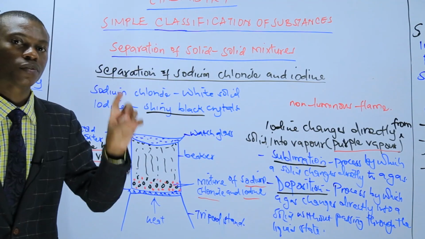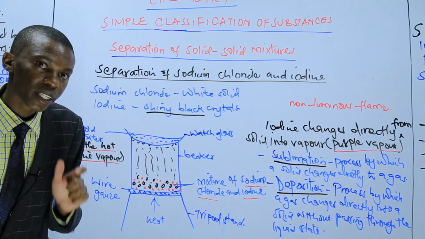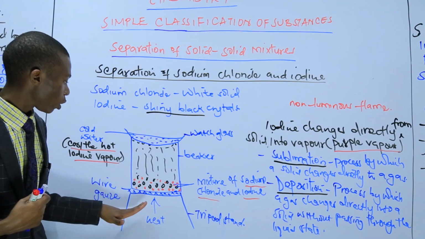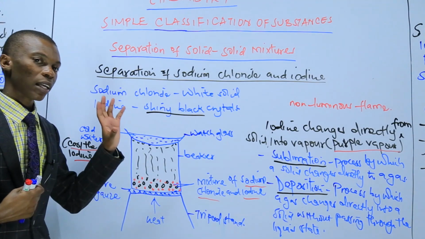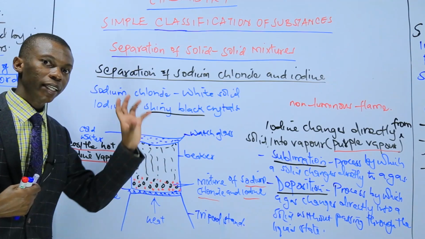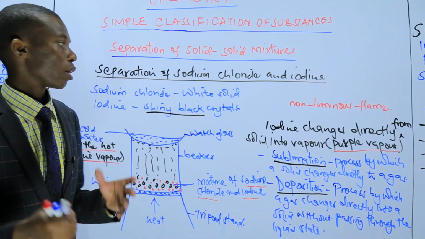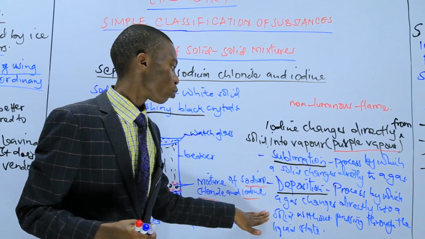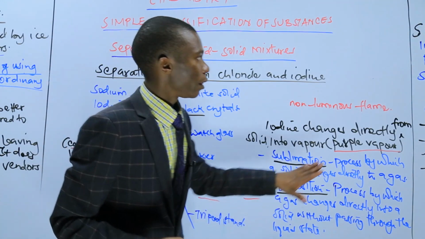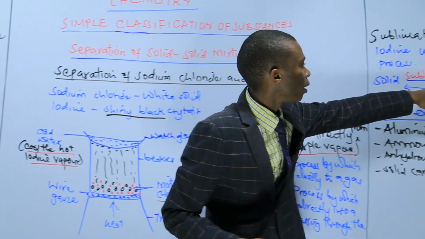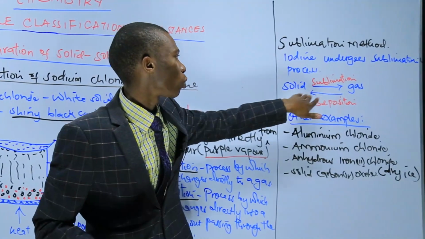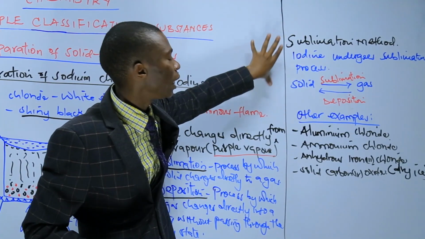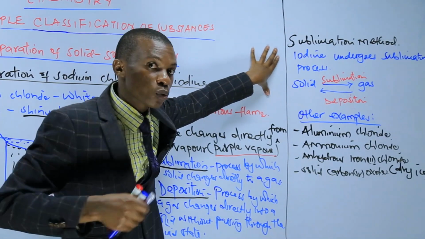Deposition is the change from a gas to a solid direct without passing through the liquid state, while sublimation is the change from a solid direct into a gas without passing through the liquid state. So solid to gas, sublimation; gas to solid, deposition. And iodine is one of the substances which are able to undergo that process.